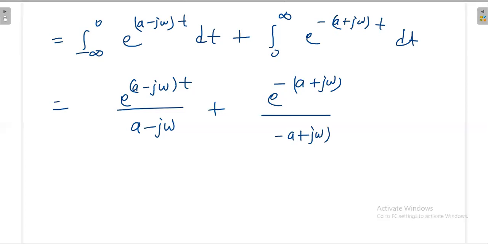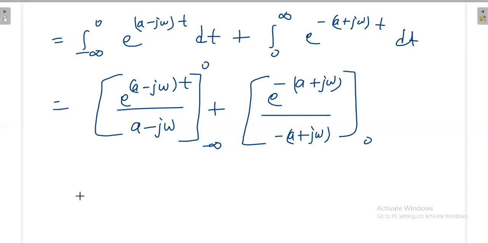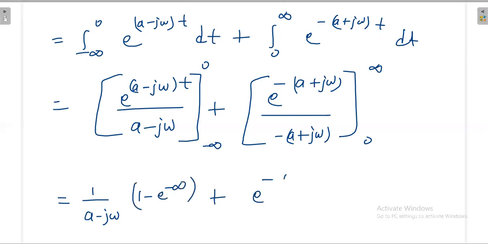Apply the limits minus infinity to 0, and 0 to infinity. Once we substitute the limit, 1 by a minus j omega we can take out. E power 0 is 1, e power minus infinity is 0, plus e power minus infinity, again this will be minus 1 by a plus j omega minus e power 0.